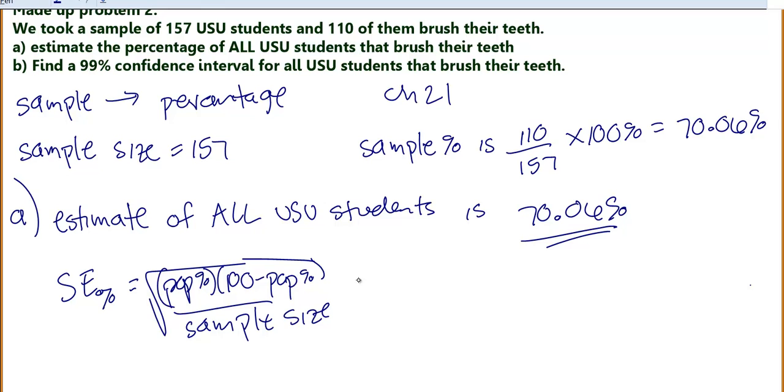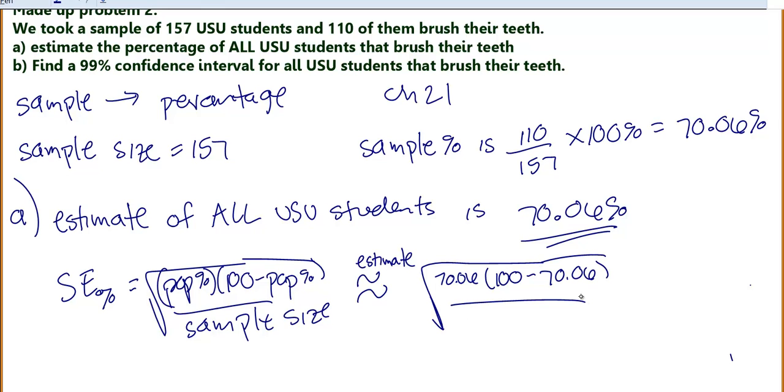Now I don't know the population percentage. I have to estimate it, so let's do our estimate here. We're going to use our sample percentage of 70.06 times 100 minus 70.06, over my sample size of 157.